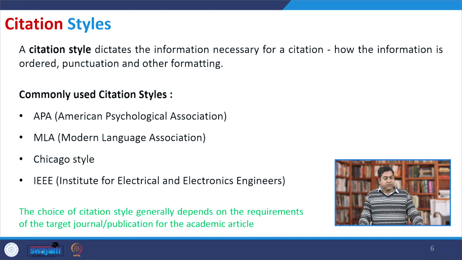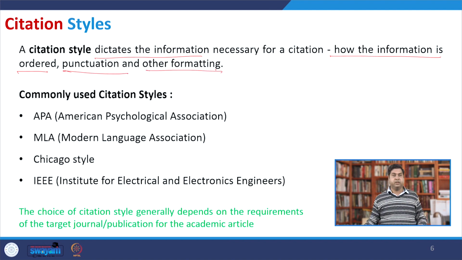Now, coming to the citation style. A citation style dictates the information necessary for a citation, how the information is ordered, and the punctuation and other formatting. You must have seen that whenever you read any journal paper, from publisher to publisher and journal to journal, if you see the list of references, the formatting is not the same.